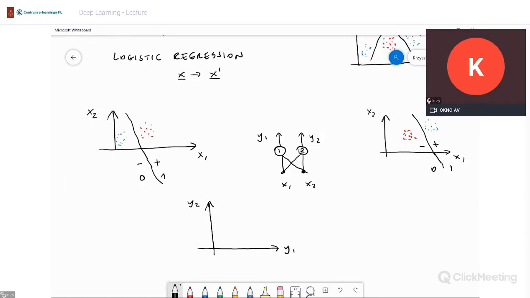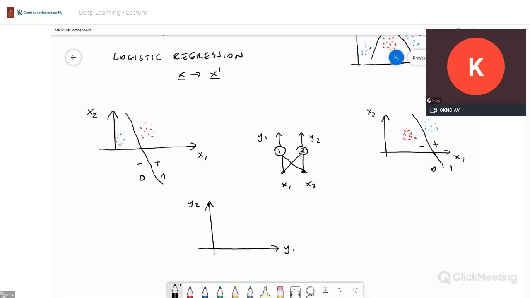Let's assume for now that this is a perceptron, so I have just 0 and 1, no intermediate values. It's easier for the explanation if I assume this is a perceptron. That means neuron 1 and neuron 2 both have step functions.